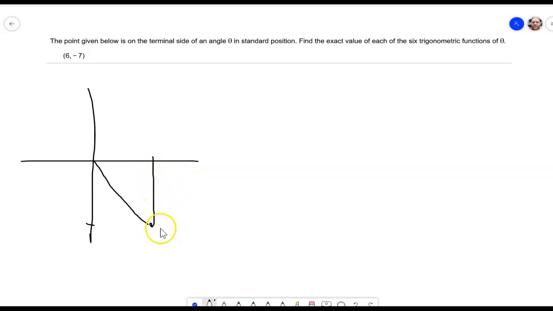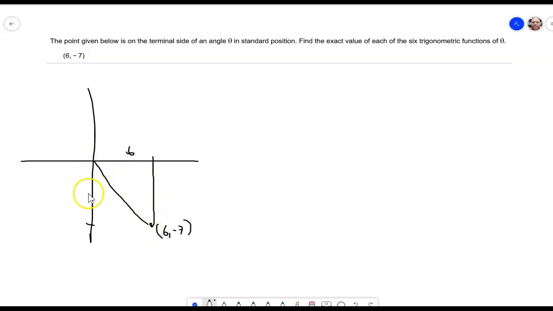That's good enough. Alright, so I have a triangle here. So this length here is going to be 6, because this point here is 6, -7. Because this is our angle here in standard position.